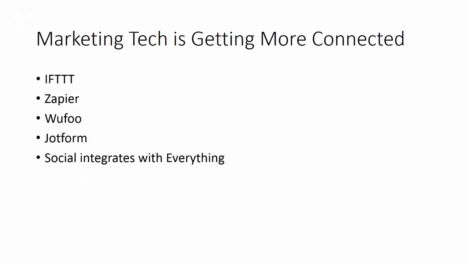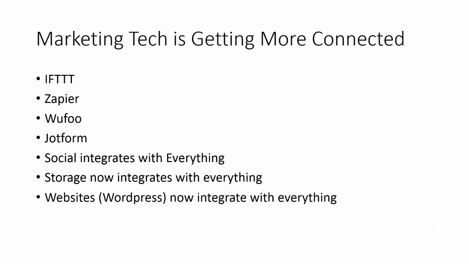You probably purchased some of these things. Your social media now integrates with everything, right? You can integrate Facebook and Twitter with just about everything. You can now integrate your storage with just about everything. How many of you own Dropbox or Microsoft Cloud? You can now connect that with everything. So marketing technology is getting more and more connected every day.